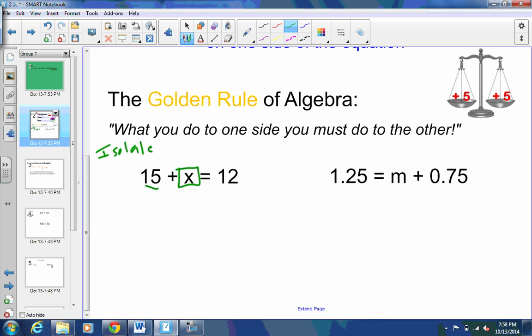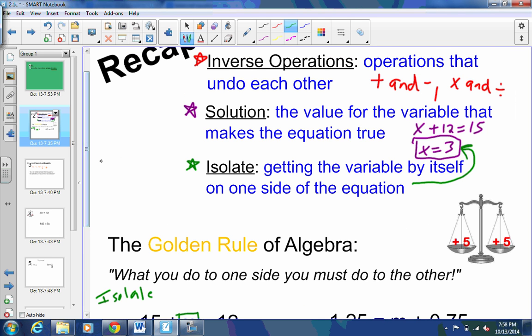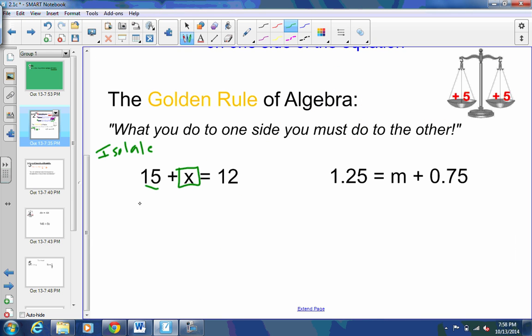But how do you get rid of a plus 15? It's 15 plus x, they're added together. If you look up here, the inverse operation of addition is subtraction. So let's do some subtraction. To get rid of 15, you subtract 15. But looking at that golden rule, and I'll draw a divider so you know that's the divider, what you do to one side, you have to do to the other. Let's subtract 15 over here.